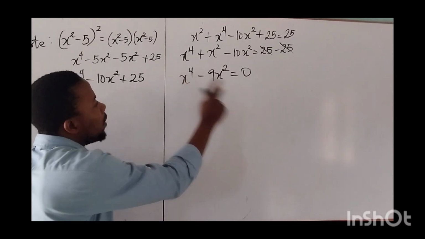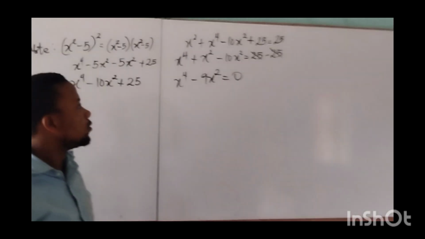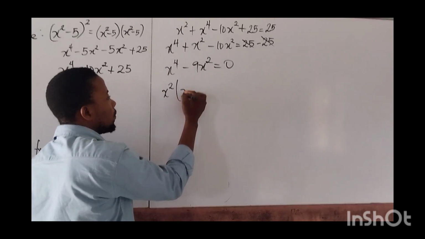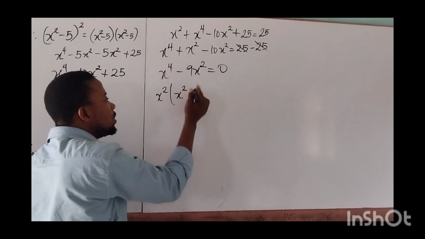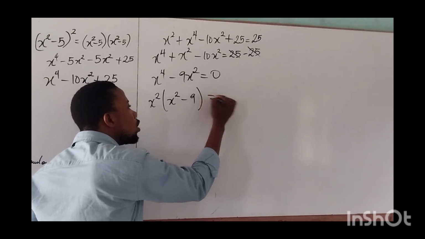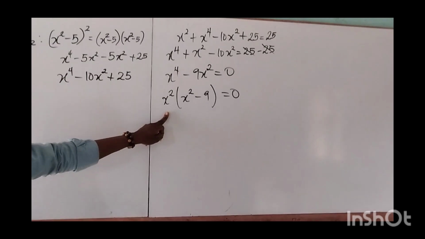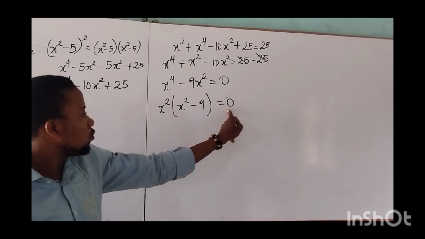Now, if you look at it, there is something that is common here, which you can factorize. x squared is common. If you factorize x squared in this case, you are going to be left with x squared, and this one will give you minus 9, to be equal to 0. Now, I can say x squared is equal to 0, and this also is equal to 0.